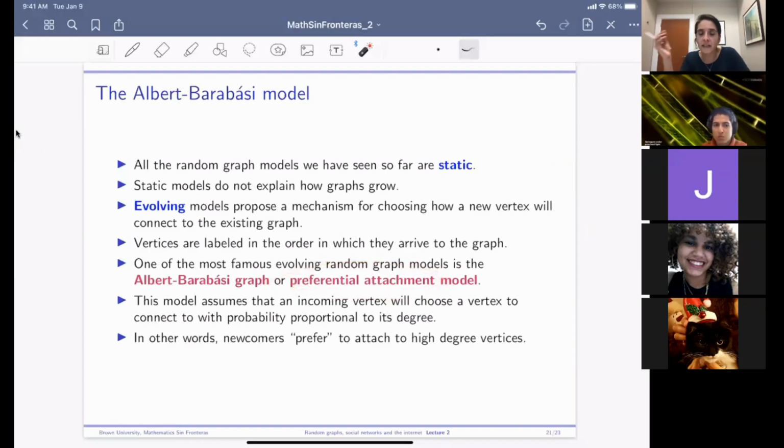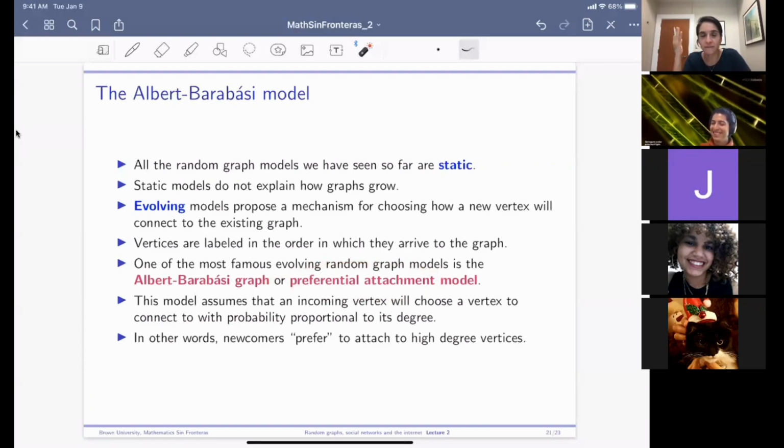The idea is that if a new vertex comes in, think of it as a new person on Facebook, and they see all these people on Facebook that they would like to befriend, and let's assume that everybody is going to say yes if you try. Who do you want to befriend if you're a newcomer? You want to make friends with the very popular people already, right?